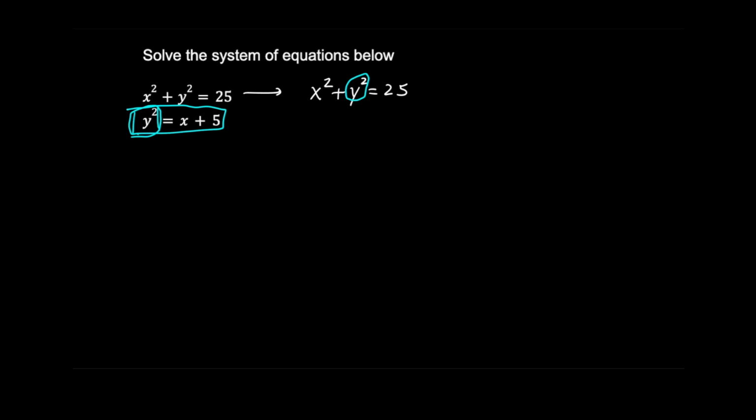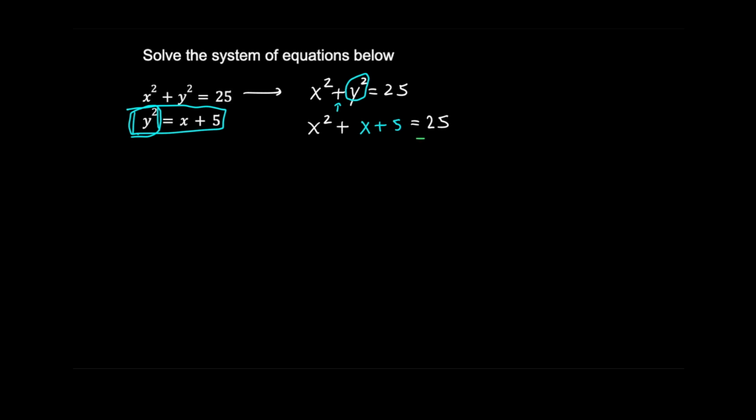So if I replace y squared, we will have x squared plus, well, according to the second equation, y squared is equal to x plus 5. Since there's a plus sign in front of the y squared, I don't really need parentheses around it, equals 25. This makes it a lot simpler than trying to deal with a lot of other exponent things that happen. From here, we'll continue to try to solve it.